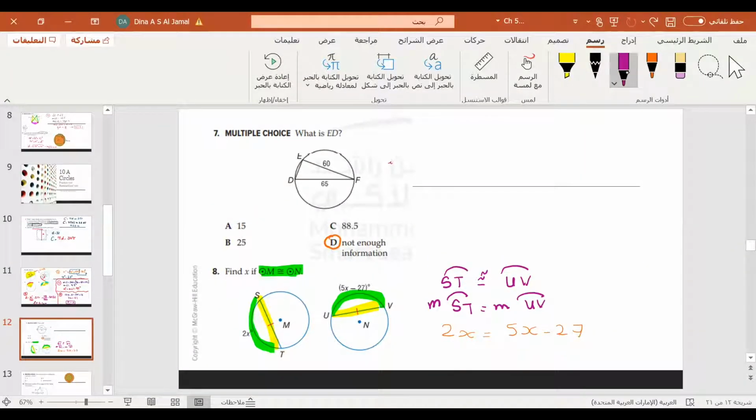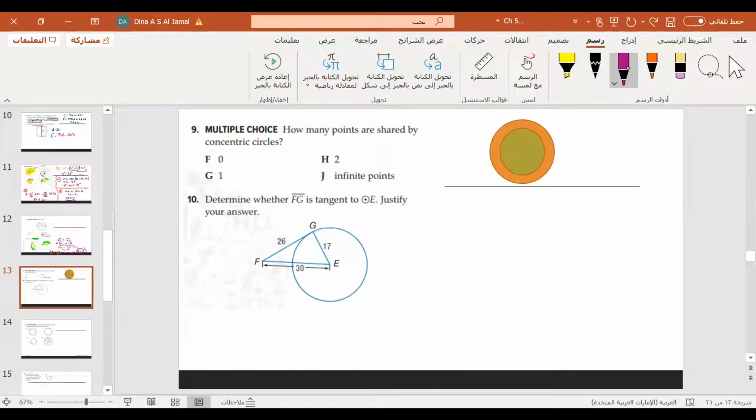So now you are having an equation with a variable on each side. You can just solve this equation by moving this 2x to this side and minus 27 to this side, and you will be having 3x equal to 27. Divide by 3 both sides, and easily you will be getting your x as 9. That's it. Now let's go to the other question.